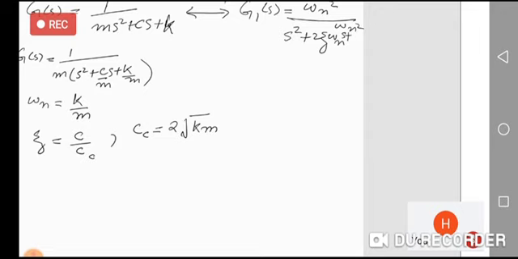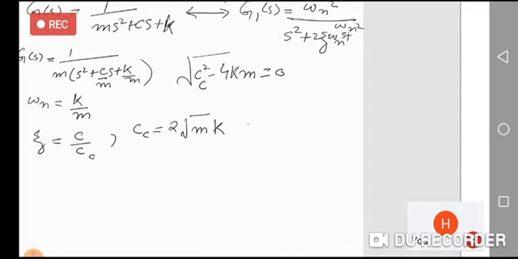CC is equal to 2 under root mk, यहाँ से आया, under root C square minus 4km is equal to 0. When you solve it for CC, तो आपके पास ये वैल्यू आ जाएगी.